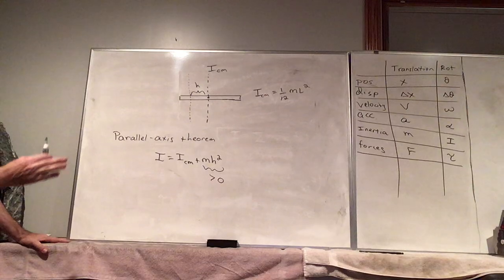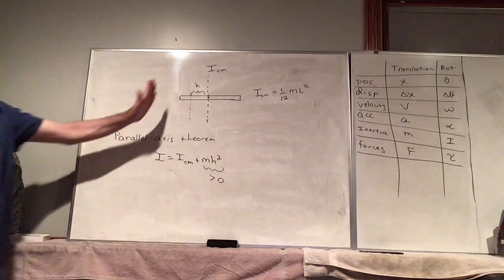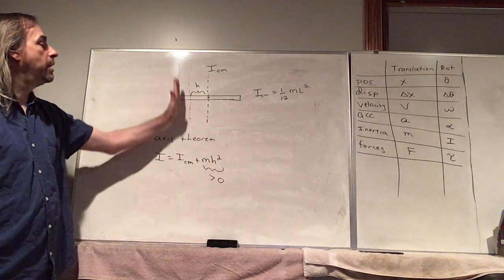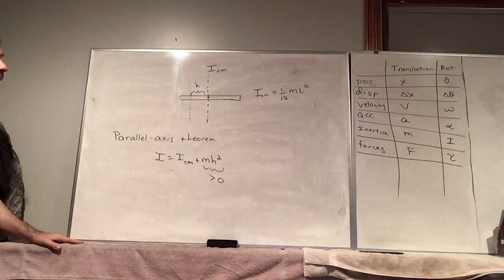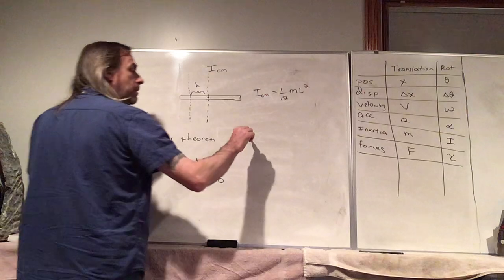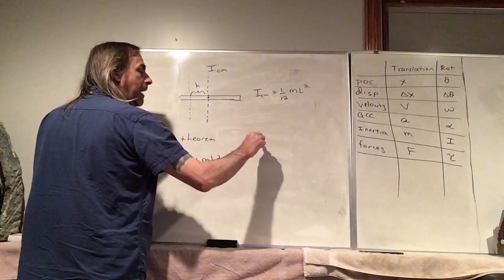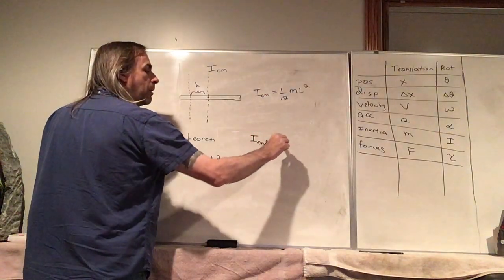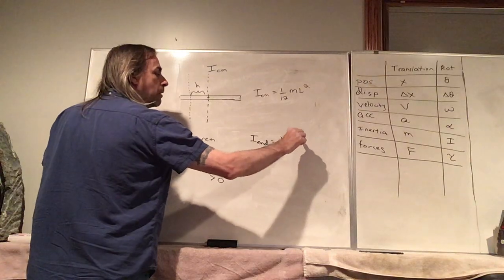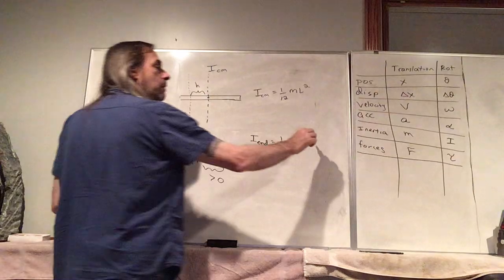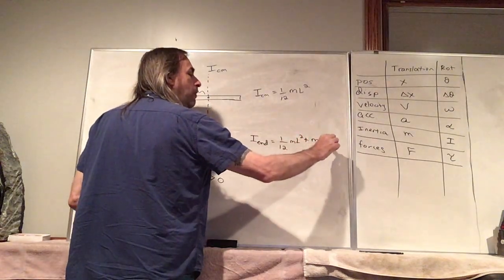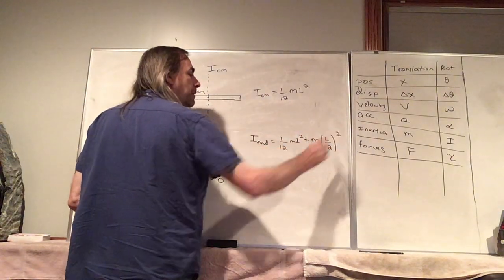The highest moment of inertia you could get is rotating about one end. And then you would just add, in that case, to the moment of inertia through the center of the rod, which is 1/12 m l squared, plus m times h squared, and h would be L over 2 in that case.